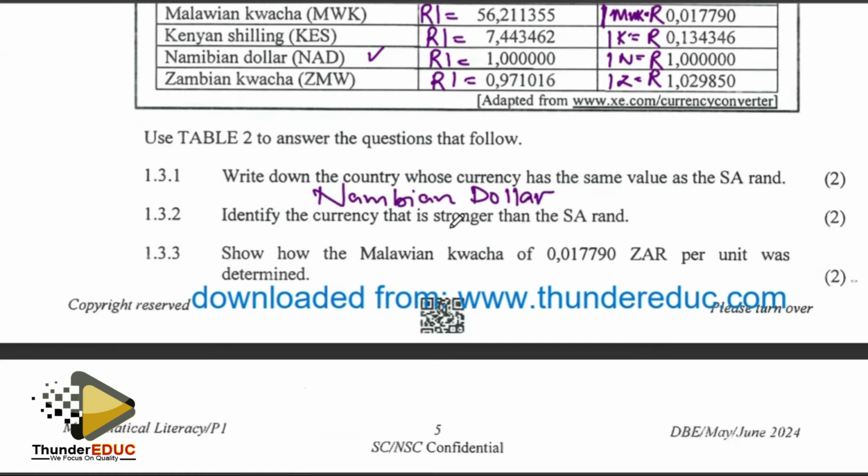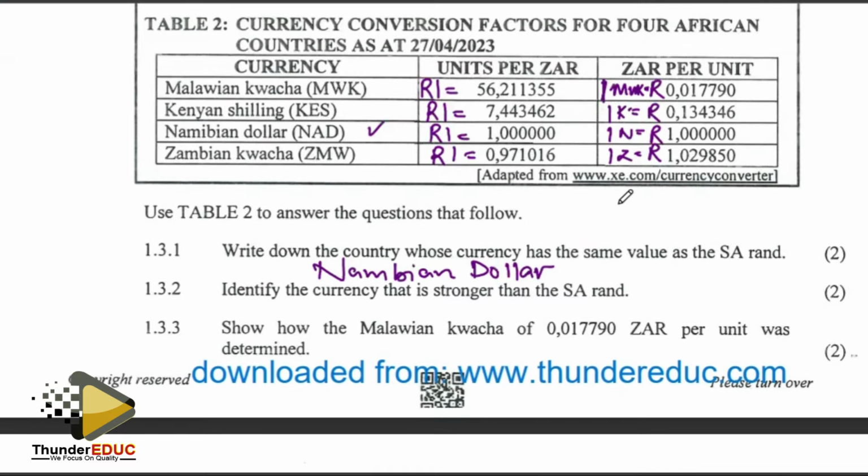Okay. Identify the currency that is stronger than the South African rand. The easiest way to do it is to look at stronger than. You're saying which currency is stronger than the South African rand. It's the Zambian kwacha, because for 1 rand you have 0.97. You understand?